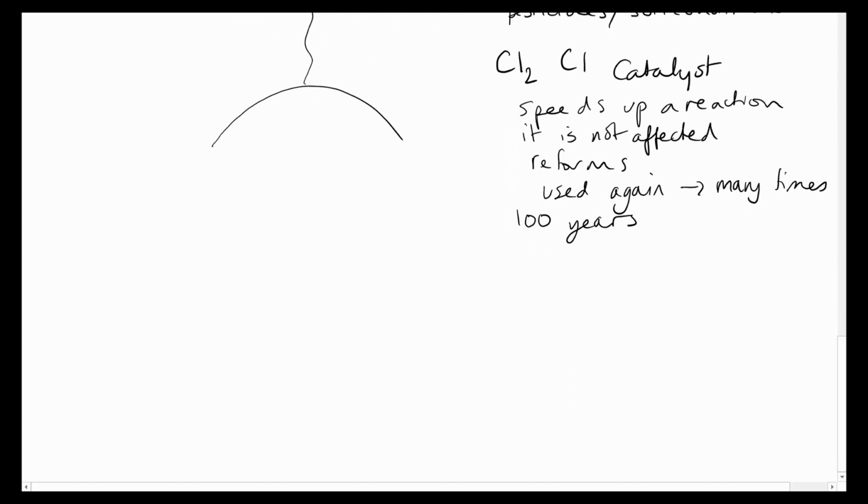So what happens is that this chlorine atom comes along and it meets an ozone molecule. This is the ozone here. And if you were answering an exam question on this, it would be fine to draw out sketch diagrams like this.